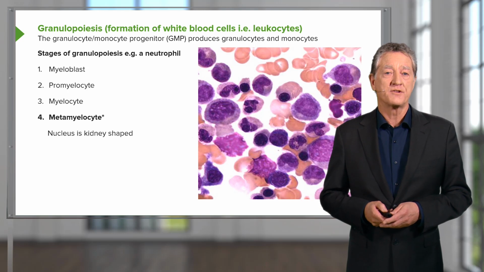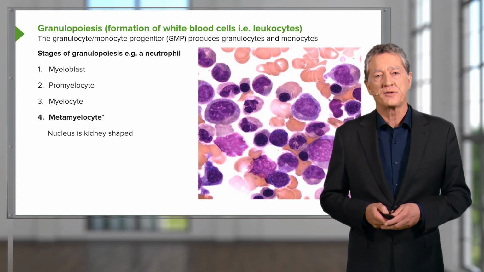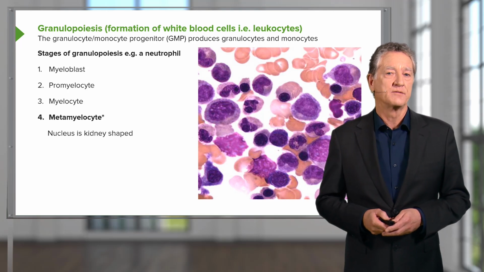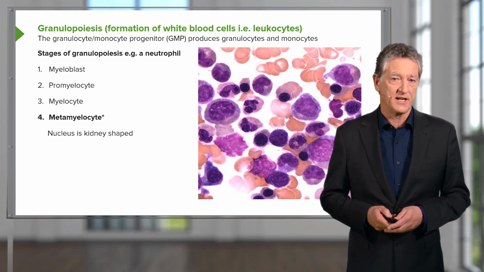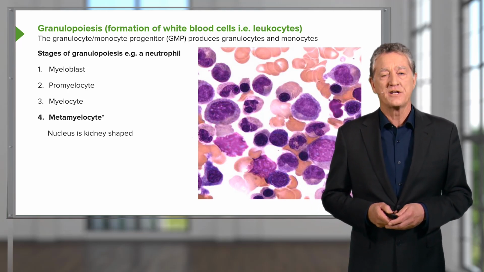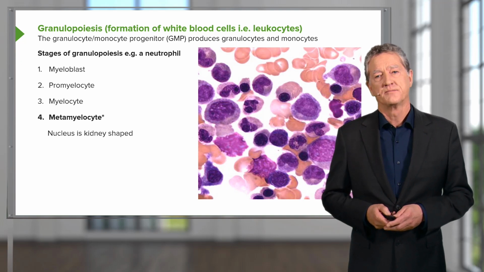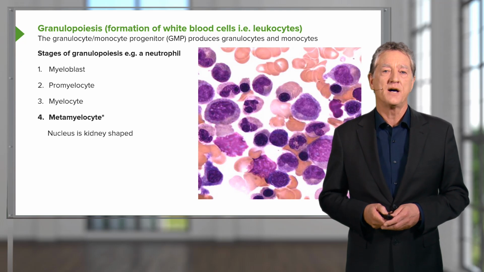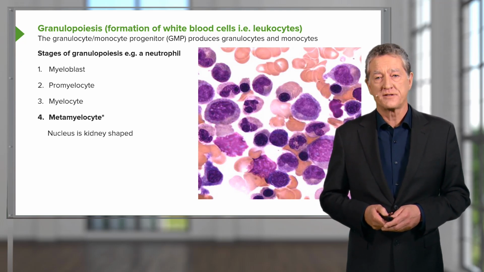Well, the cell then passes into the metamyelocyte stage. And the metamyelocyte stage is a very important stage of development because it's at this stage that the cell can no longer divide. Hence the little asterisk I've put next to the term metamyelocyte. But what happens is that the nucleus becomes kidney-shaped.